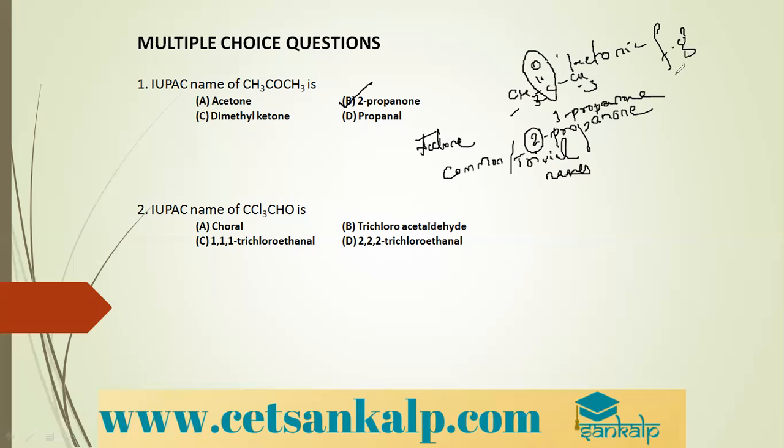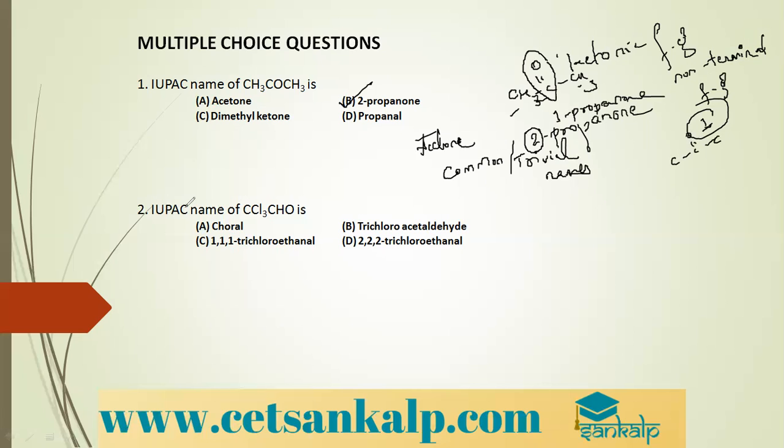The ketonic functional group is a non-terminal functional group. That means its position is never at the end, its position is never 1. It is always in the middle. And with 3 carbon atoms, it is the second carbon itself. So it is always 2-propanone.